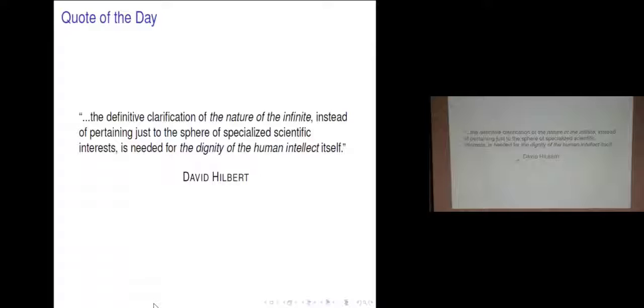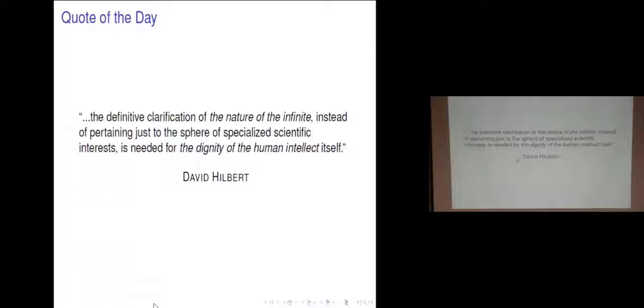And so I quote David Hilbert. I think we have seen his picture in the last slide. He's a famous mathematician, maybe the most influential one in the 20th century. He wrote an article called On the Infinite. Inside the article, he begins with what I just said. It is possible the whole physical universe is finite.